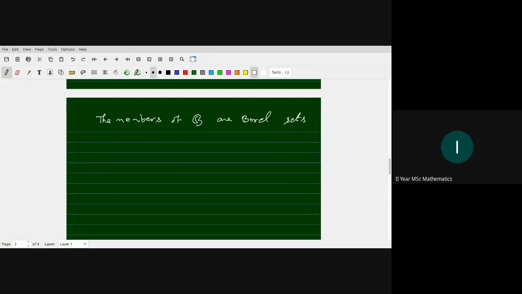Okay. Then C: the Borel sets can be characterized by the following. E is a subset of Y, a Borel set. E can be written as a countable union of sets Bn, where either Bn belongs to tau or Bn complement belongs to tau.